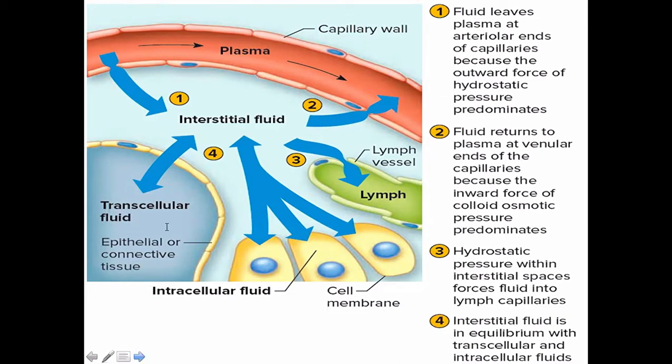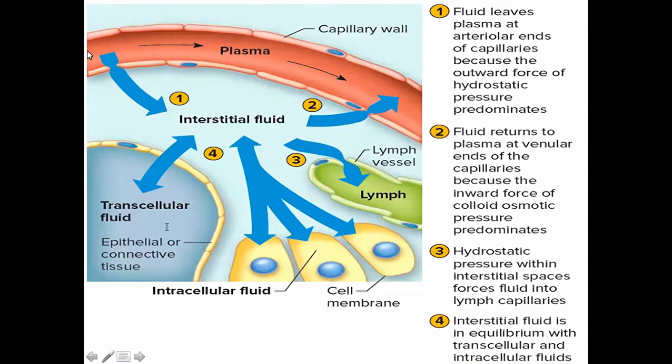So first, the fluid leaves plasma at the arteriolar ends of the capillaries because of the hydrostatic pressure. So that fluid will come out. Okay? Then the fluid will go to the interstitial space. Then after the interstitial space, the fluid will return to the plasma at the venular end.